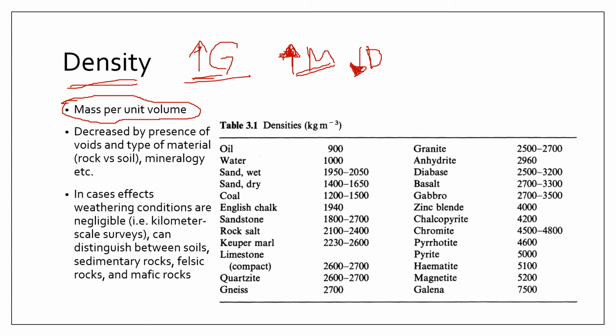For example, in rocks that contain magnetite, magnetite has a high density, in the range of 5,200 kilograms per cubic meter. So it is dense.